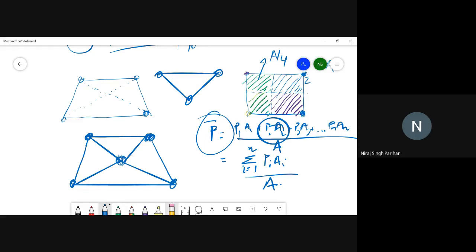Is there any method that I can divide this triangle into most probably equal parts? Anyone knows? So I tell you, you might have learned in your geometry that the best method to divide the triangle into equal parts is to draw the perpendicular bisectors.